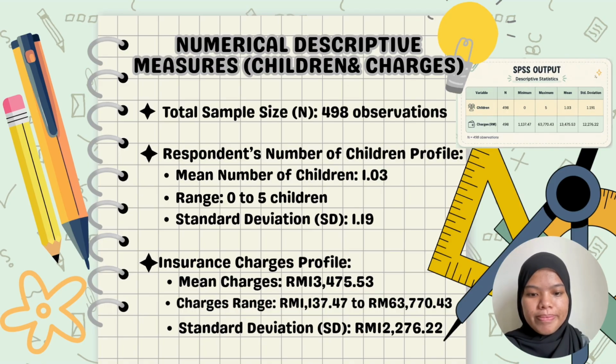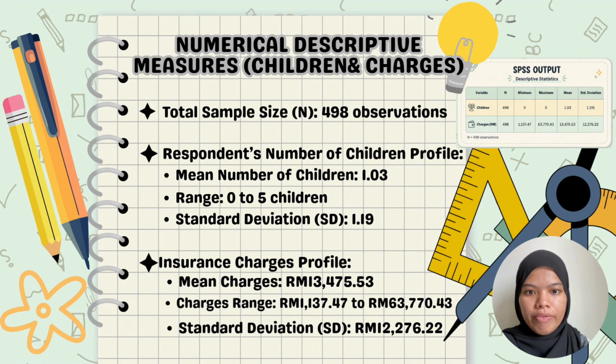the average. For insurance charge, the mean annual charge is 13,475 ringgit and 53 cents. The charge ranges from 1,137 ringgit and 47 cents to 63,770 ringgit and 43 cents.